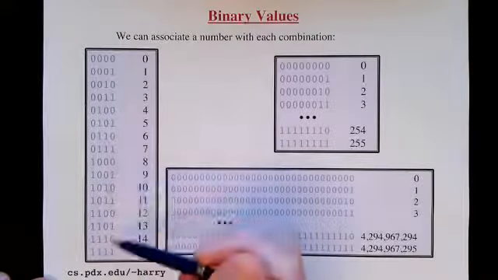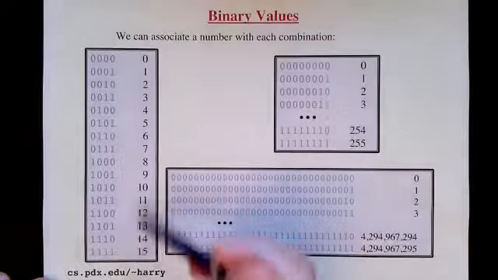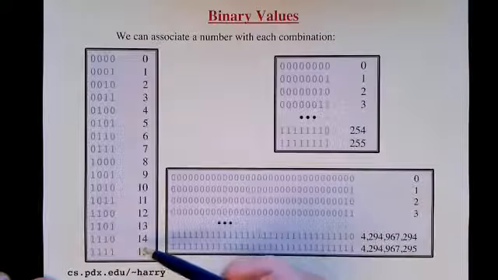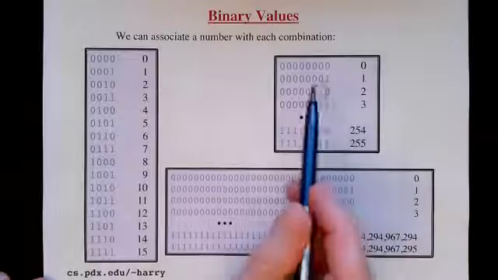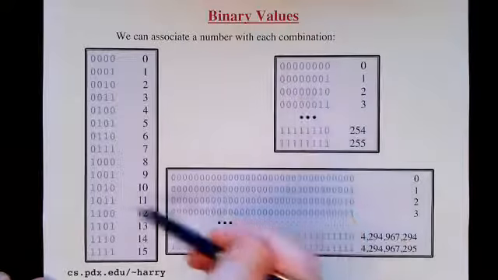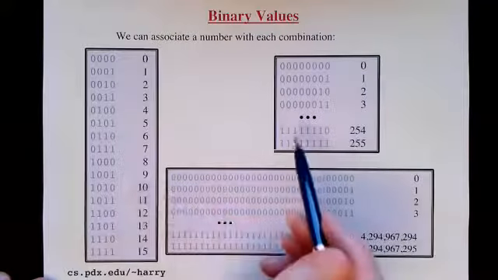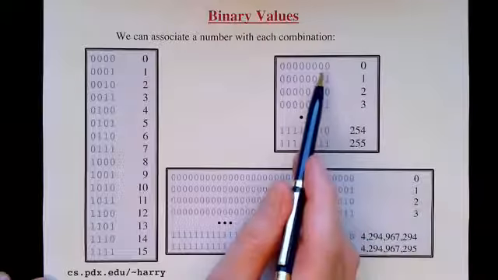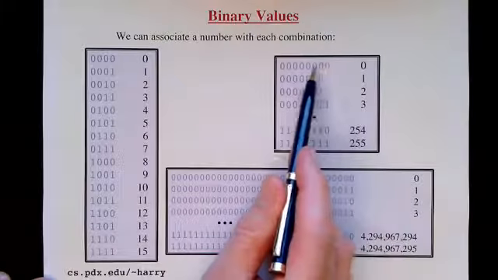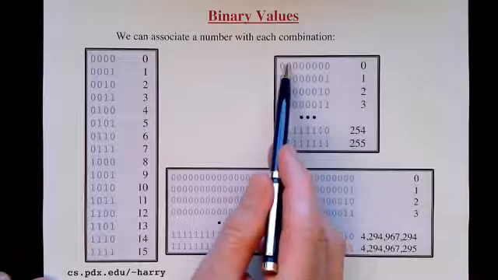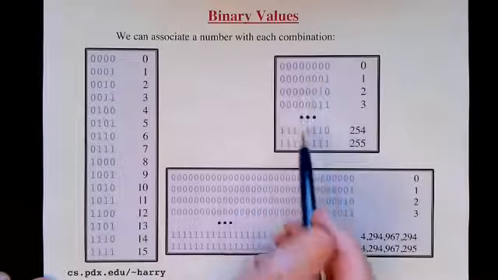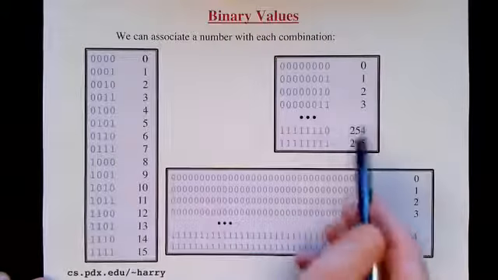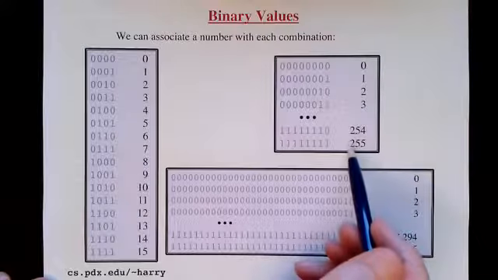These are the numbers that we can represent with only 4 bits, only 16 different values from 0 to 15. With more bits, the pattern is exactly the same, but we have many more combinations. So here I've shown 8 bits. 1, 2, 3, 4, 5, 6, 7, 8. And with this many bits, we have a total of 256 possible combinations.